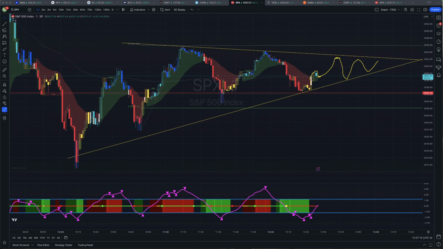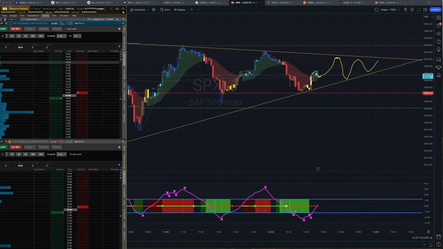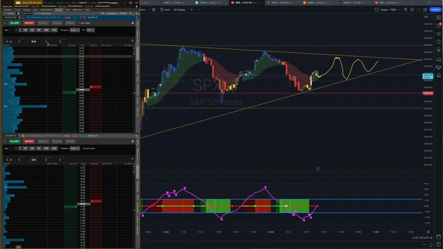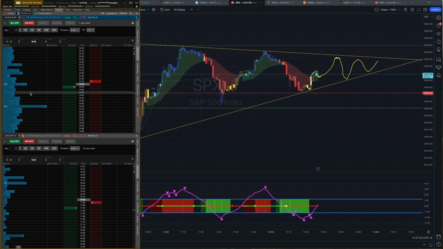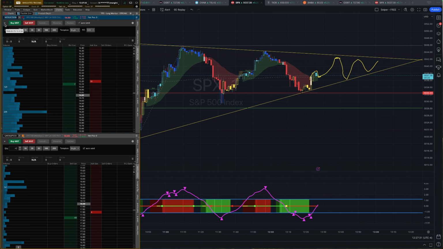I set up the trade portion. And again, for this example, you can see it up here, it says simulated trading. This is a great way to practice. As you can see, I've copied my option contract into the field here.